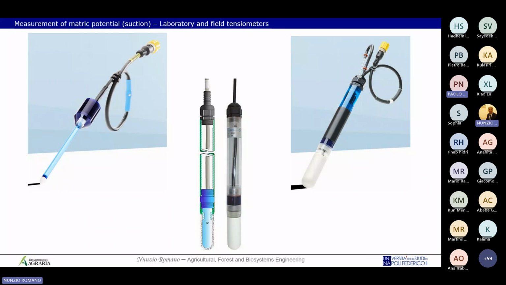Another disadvantage can be that you don't have an electronic measurement. At least, again, the picture on your right also has digital measurement, but again, this tensiometer is quite expensive.